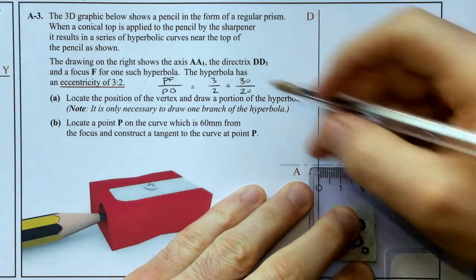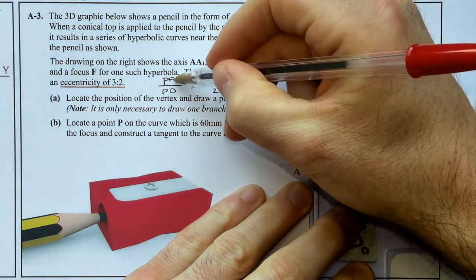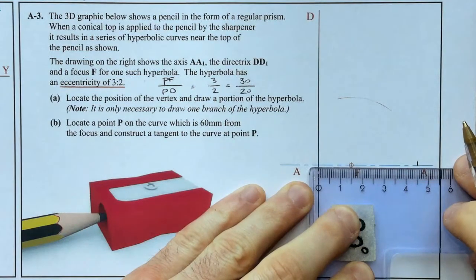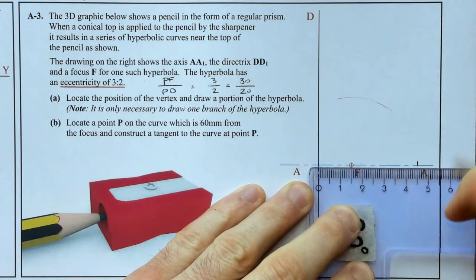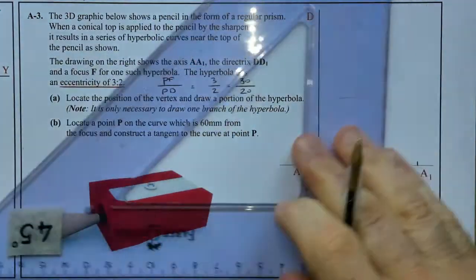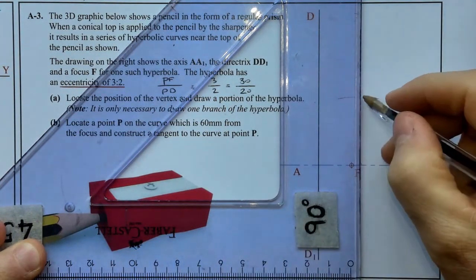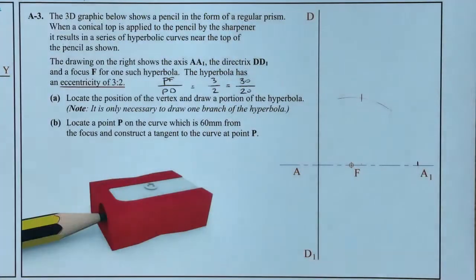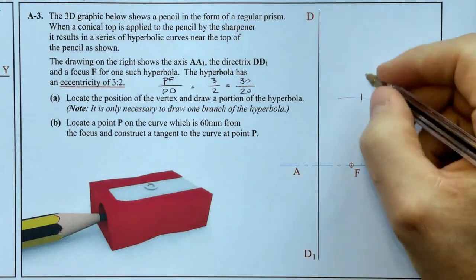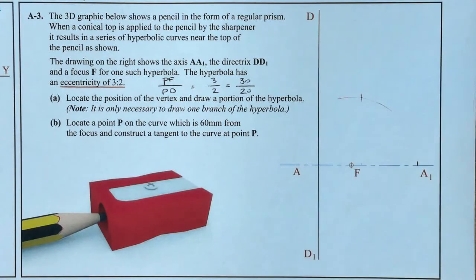So 30 millimeters from the point to the focus, and 20 millimeters, okay, so there's our point right there. That will actually help us determine our line of eccentricity.